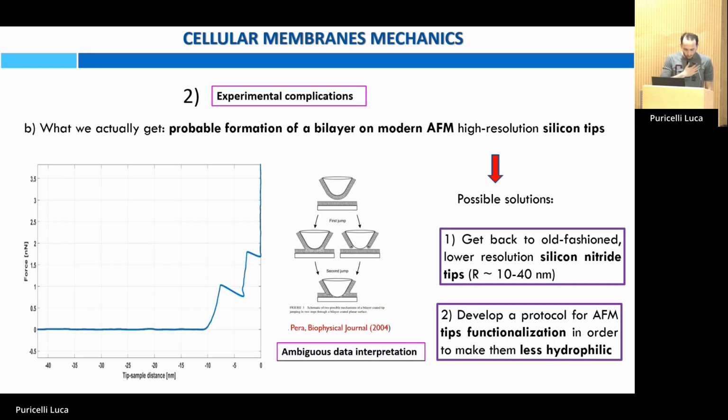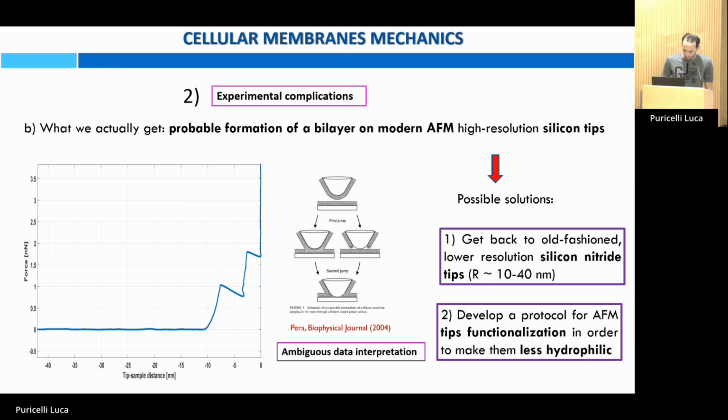But what we usually see at the moment are two breakthrough events, which are likely due to the formation of a bilayer on the tip as well, and this leads to very ambiguous data interpretation.